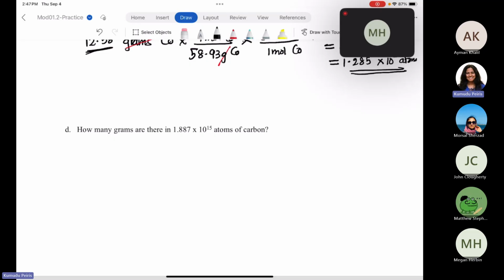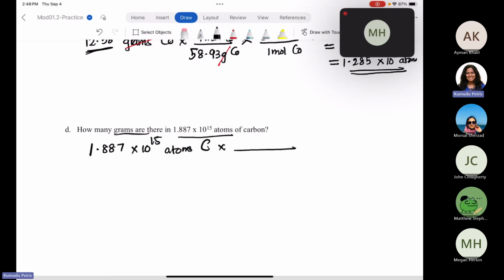Okay, now the next question is exactly the opposite of the previous question. We are now starting with the atoms and finding the grams. So we'll start with the number given, 1.887 times 10 to the 15th atoms of carbon.